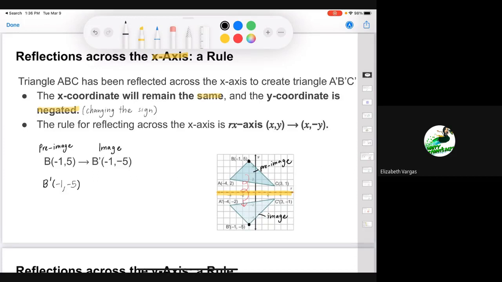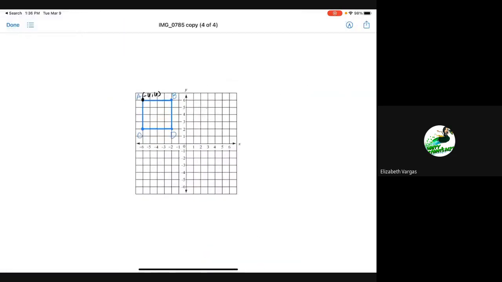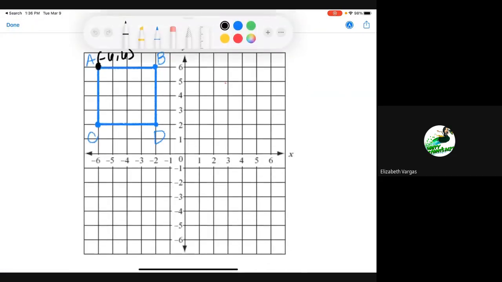And so the importance of this is being able to know where those coordinates map to each other, because say you're given a problem where this is the only information you are given. You're only given information about the pre-image and you're asked to find where the resulting image would be located. Well, what you would have to do is, let's say there's a reflection across the x-axis like we just saw.